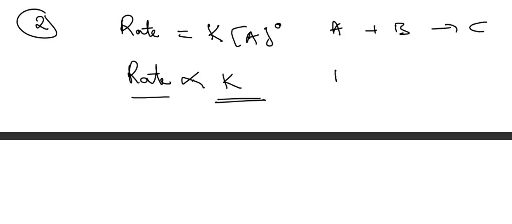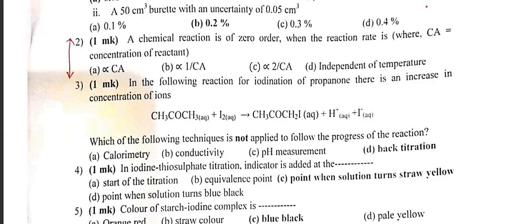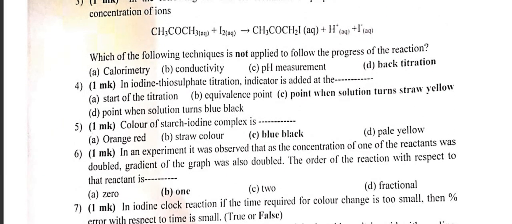In this case, let's say B won't be fully utilized in the first experiment. We need to combine it with, let's say, G to produce, let's say, D. We need two particular experiments, and sometimes they can run backwards. Here we just have one particular reaction, so this cannot be back titration. So this here is our answer.